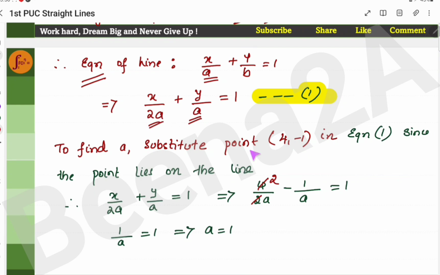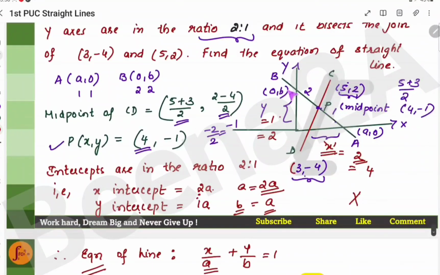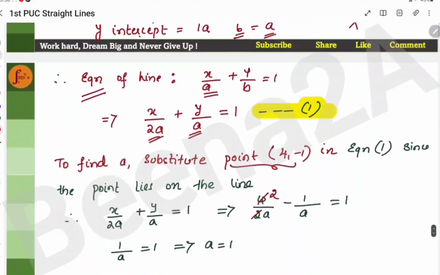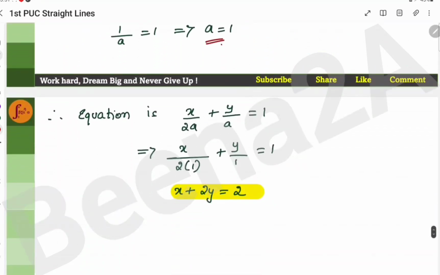Use this point which you obtained here, because this point lies on this line AB. If you substitute the values of x and y in this line, it will satisfy the equation, and you will get the value of A. Once you get the value of A, substitute it in the same equation and you'll get the final equation.